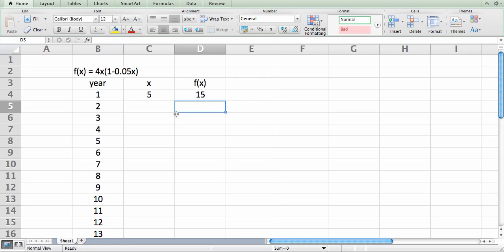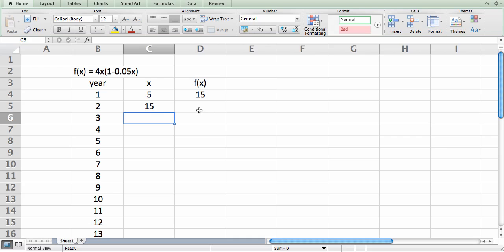And that's 15. So now what's going to happen? Next year the population is going to be 15. So in year 2, the population is the same, 15. I'm going to refer to that cell, D4, as the population next year in year 2. So what's going to happen in year 3?